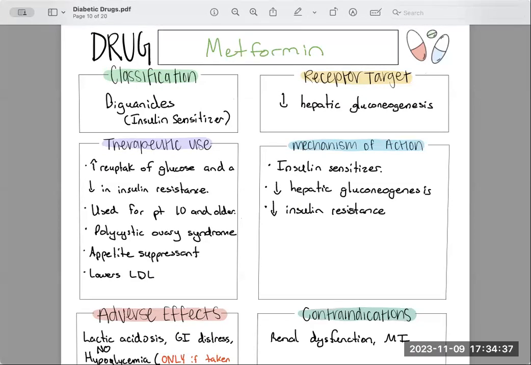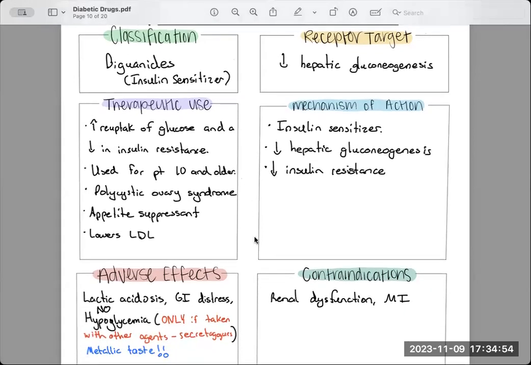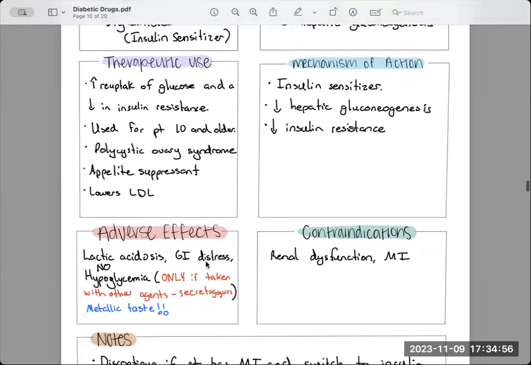It can also be used for things like polycystic ovarian syndrome, appetite suppression, and it can even lower that bad cholesterol, that LDL. But the main point of giving this drug is for treating diabetes. So it lowers sugar by decreasing that insulin resistance.